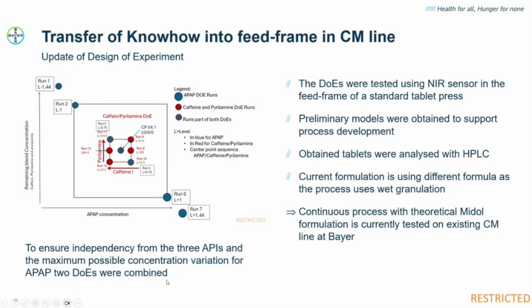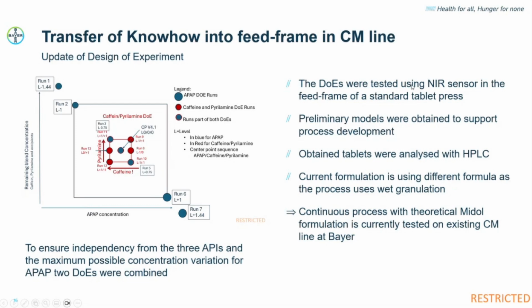So that required that we combine two DOEs. We have an outer DOE, which focuses on APAP concentration, and around the center points of that APAP DOE, we included a DOE focusing on caffeine and pyrilamine concentration changes.